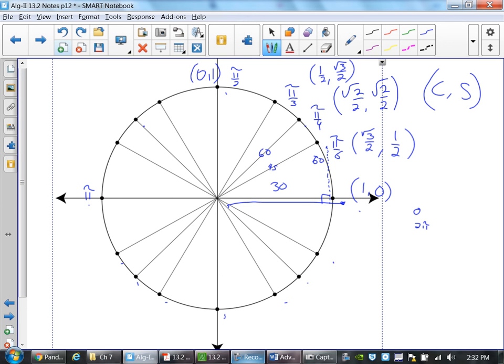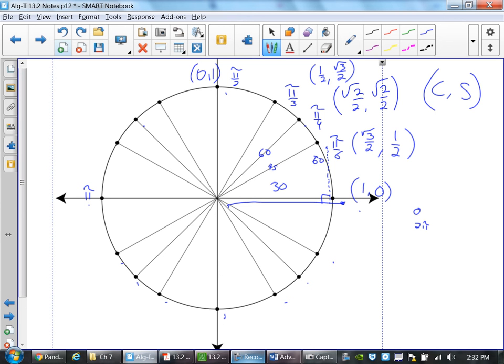Very easy reason why we don't do trig functions at 90 degrees and whatnot in geometry. If I'm at 90 degrees, what's my opposite? What's my hypotenuse? 2. What's 2 over 2? 1. So what's the sine of 90? 1.